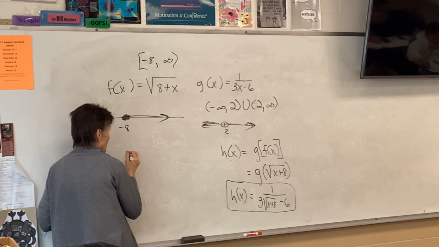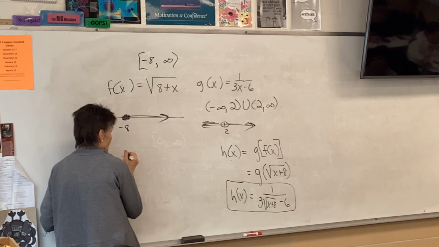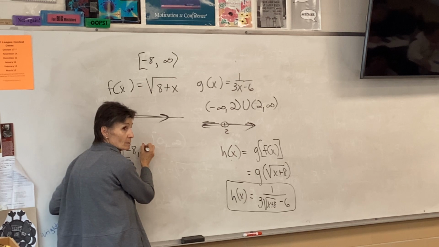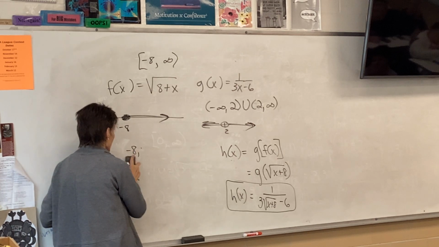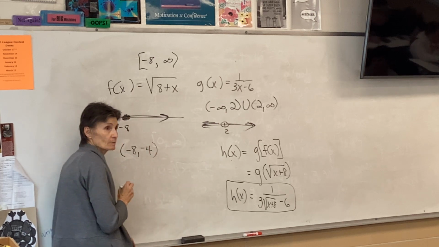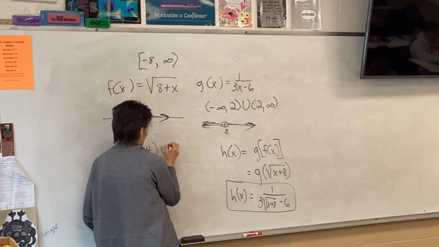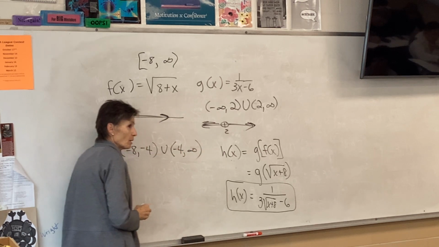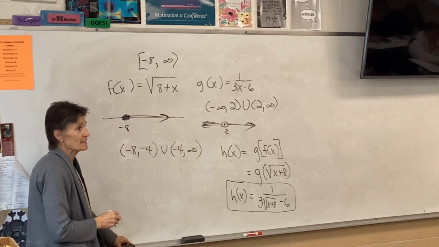Bracket or parentheses? Bracket. So -8 to -4? No. Parentheses at -8. And did you say -4? Yeah. And then union -4 to infinity. All right, let's talk about that. Anybody have a different idea?